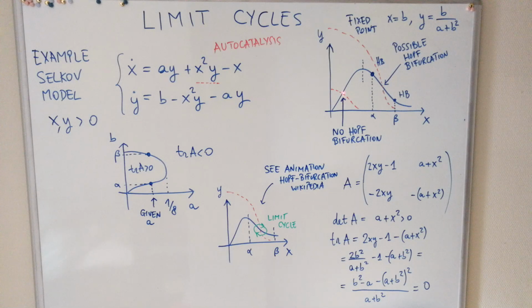So when I change b and I increase it, no Hopf bifurcation is possible here. Here a Hopf bifurcation is possible, and it actually takes place at one point here and at a second point here. So there are 2 Hopf bifurcations in this model, and the Hopf bifurcation theorem says that in the vicinity of these Hopf bifurcations there will be a limit cycle.